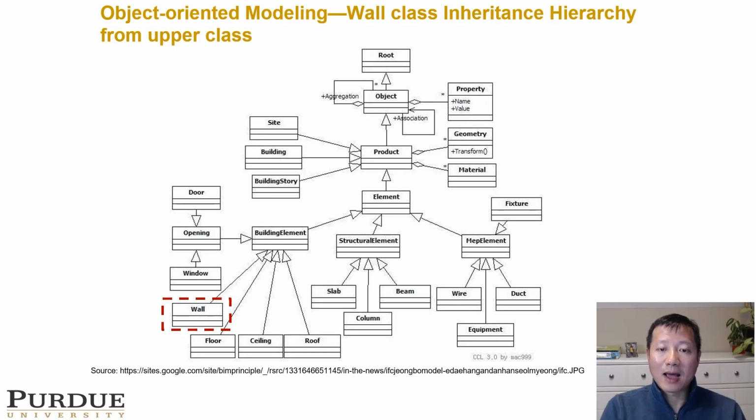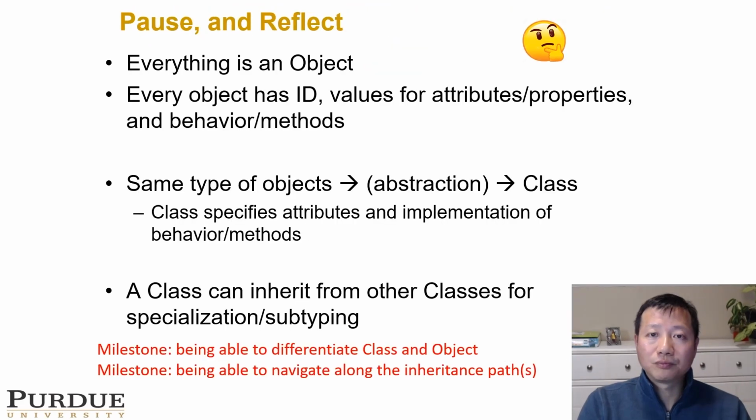Wall is a subclass to building element, and building element is a subclass to element. Element is a subclass of product. Product is a subclass of object, and this object is a subclass of root. So this root is the root node to all the objects in a building model, right?